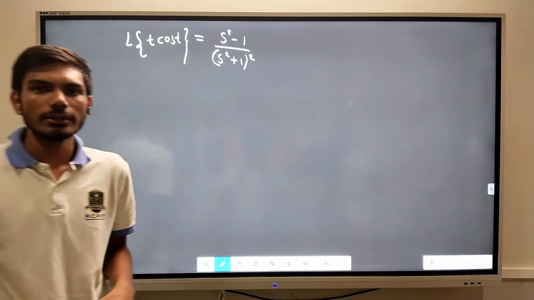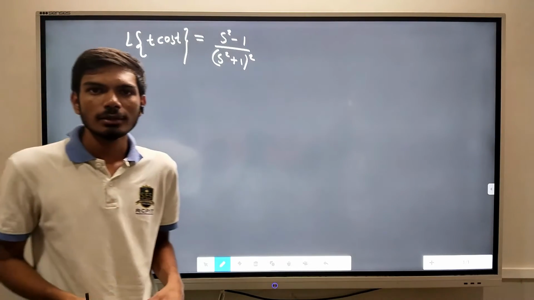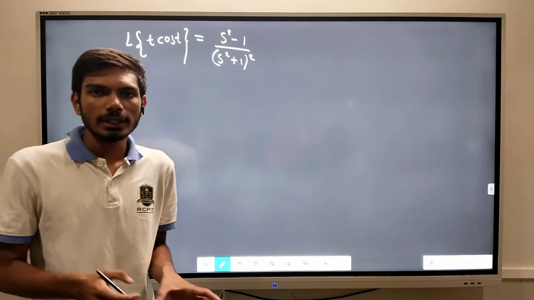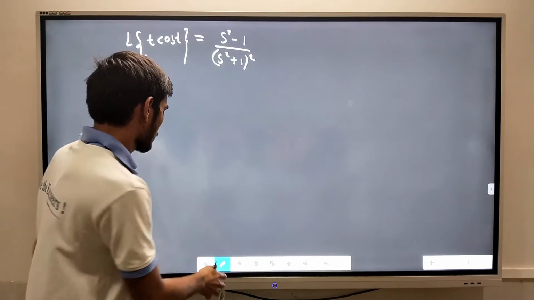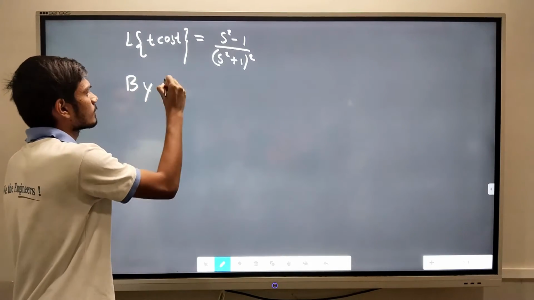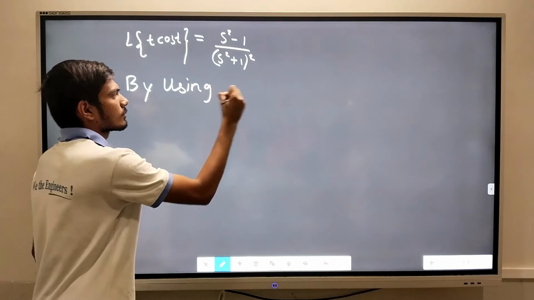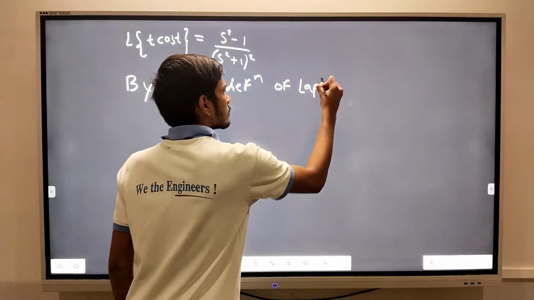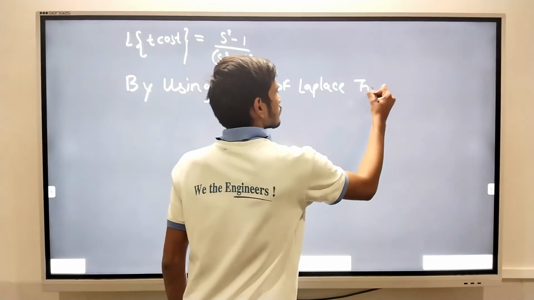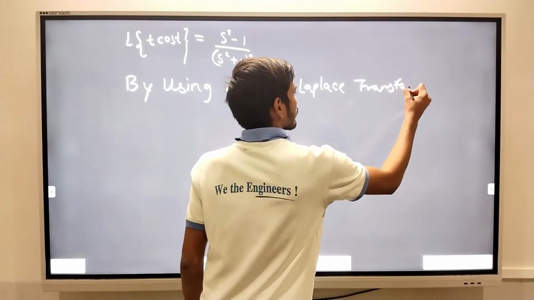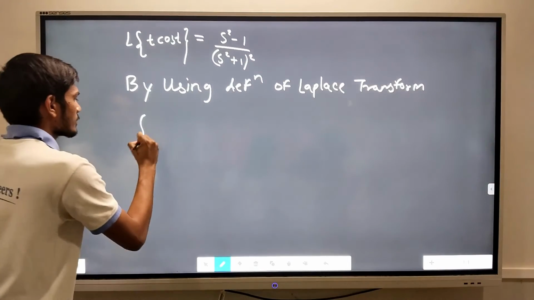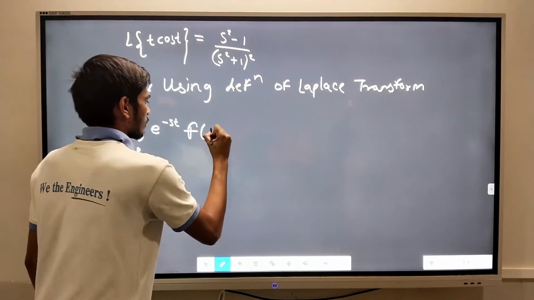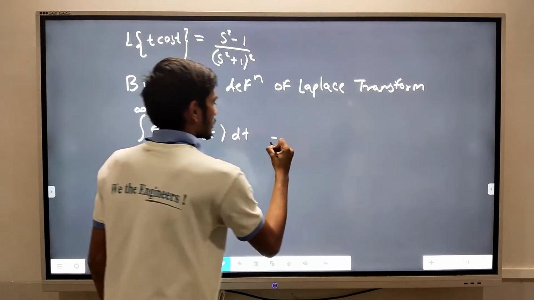Now if you see in the example, we have integration varying from 0 to infinity e raised to minus 2t into t cos t dt. So we will use the definition of Laplace transform for this. So by using the definition of Laplace transform, integration from 0 to infinity e raised to minus st f of t dt is equal to F of s.